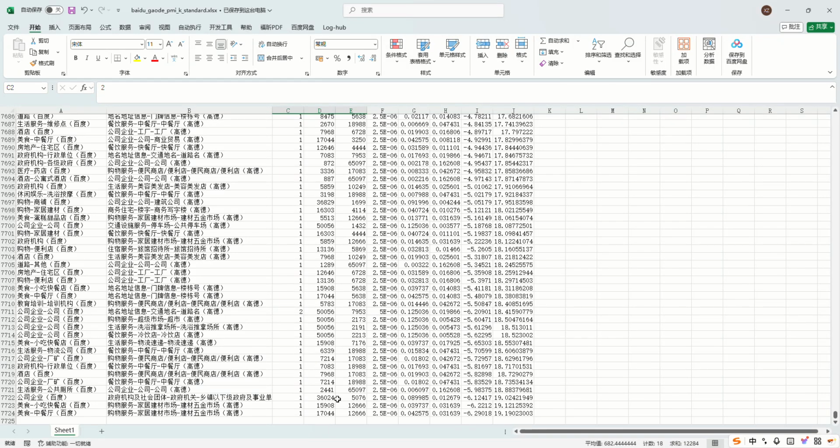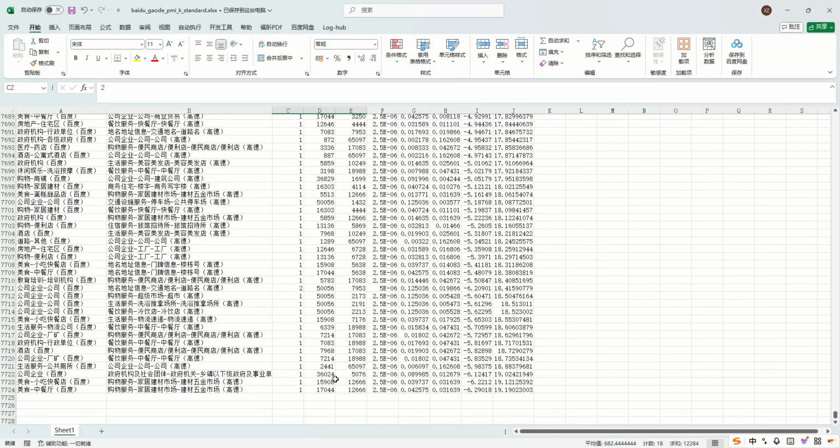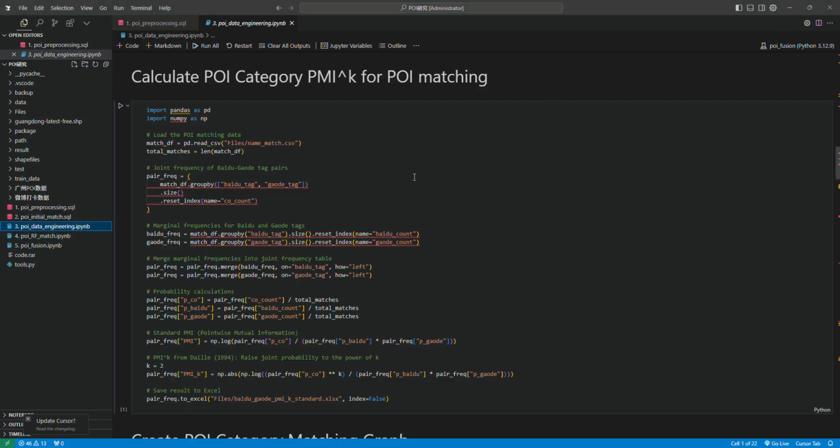The category shows up tens of thousands of times in the dataset, but only matches once, which likely means it's just noise. So this approach helps us figure out which category pairs truly match and which ones are probably mismatches.